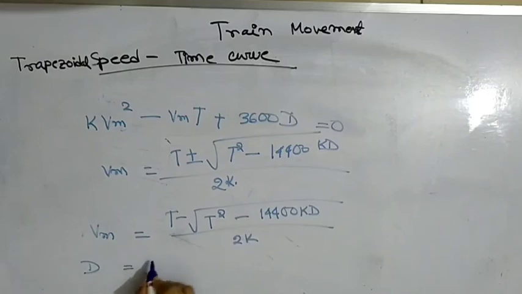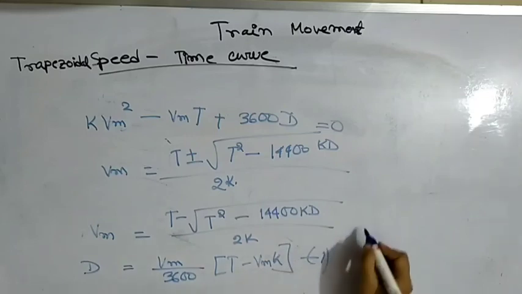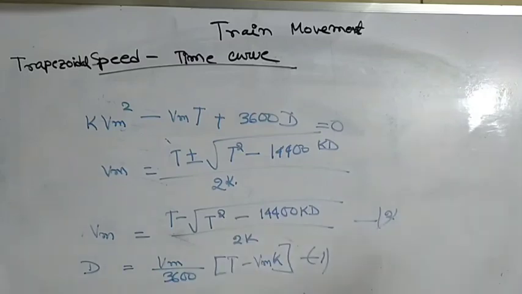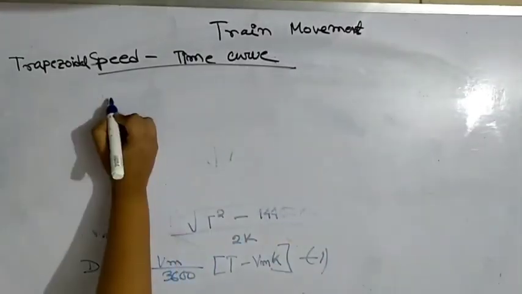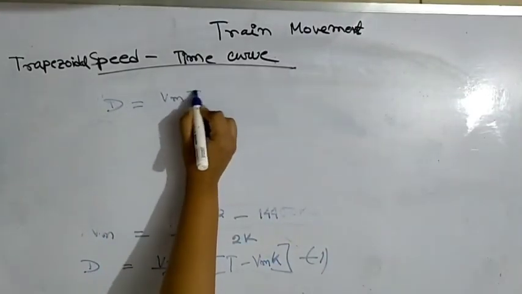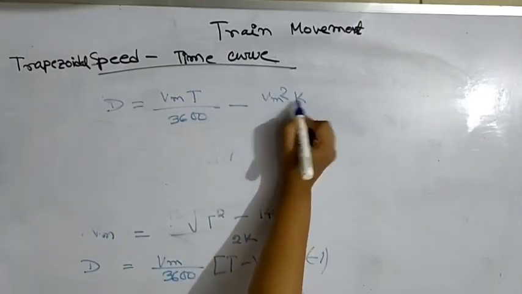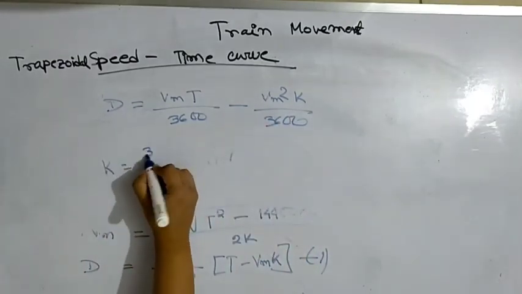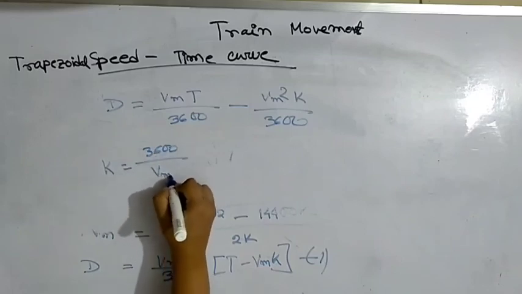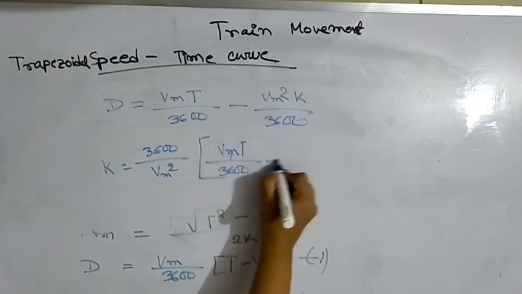Now from this equation, D is equal to Vm by 3600 (T minus Vm K). Suppose this is equation 1 and this is equation 2. Equation 1 we can write D is equal to Vm T by 3600 minus Vm squared K by 3600, and K is equal to 3600 by Vm squared, times (Vm T by 3600 minus D).